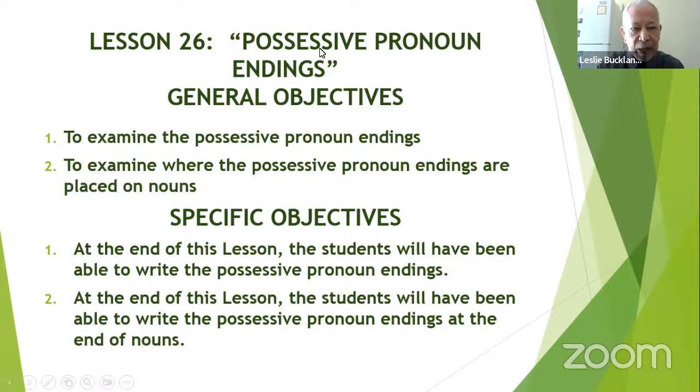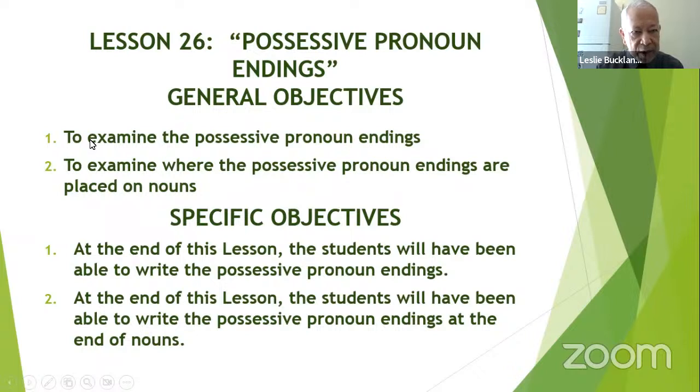Possessive has to do with ownership and tells us to whom something belongs. Pronoun, of course, is a word that can be used in place of a noun. Possessive pronoun endings.